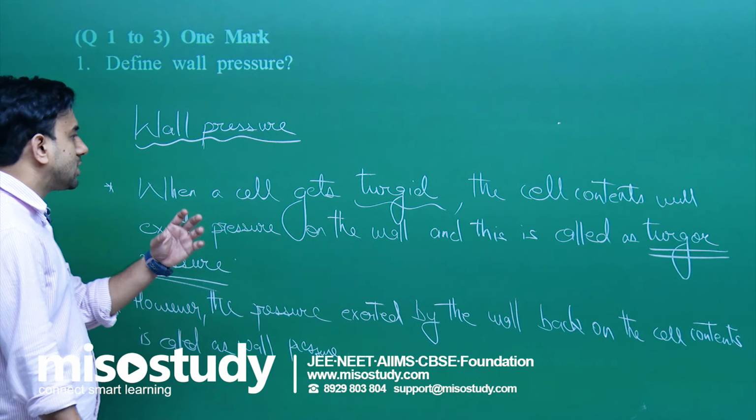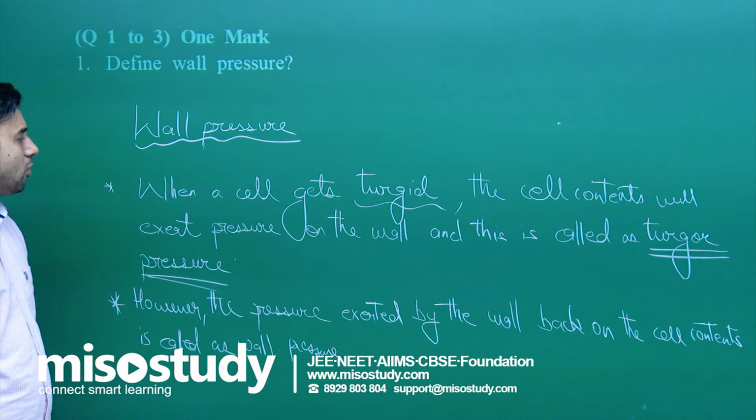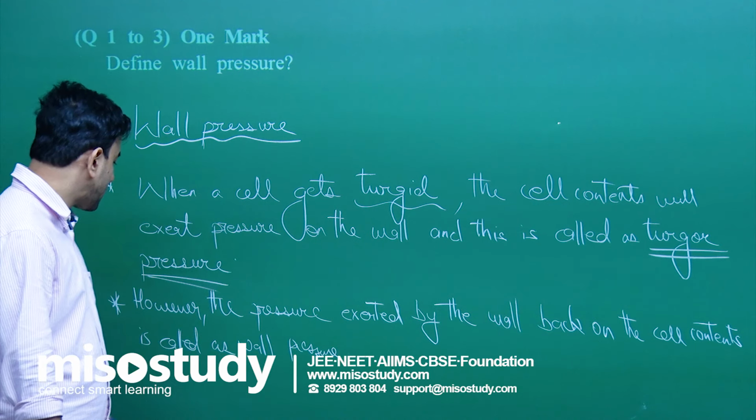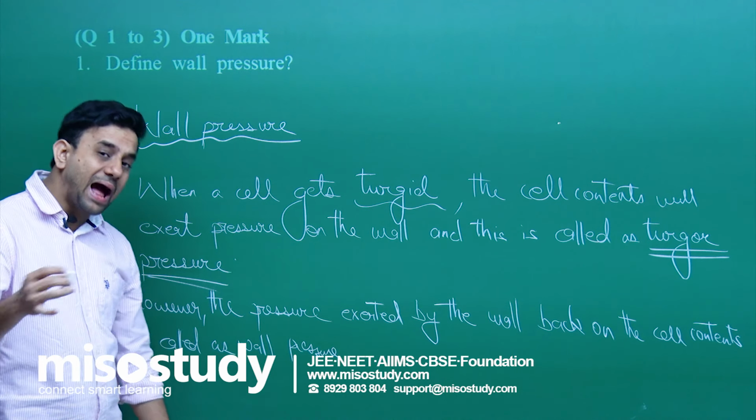So, when a cell gets turgid, the cell contents exert pressure on the wall, and this is called the turgor pressure; the pressure exerted by the wall back on the cell contents is called the wall pressure.